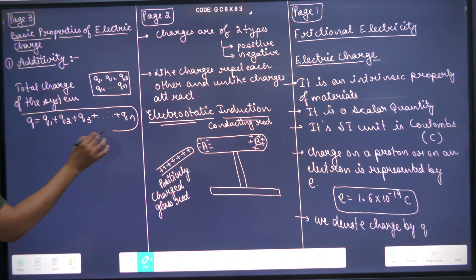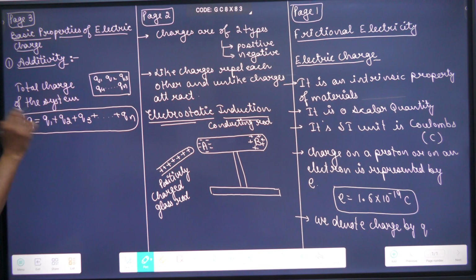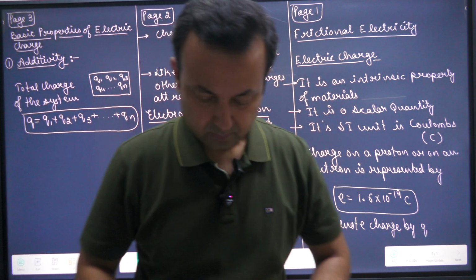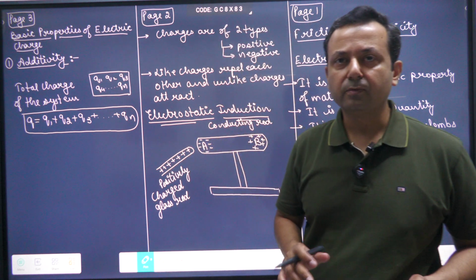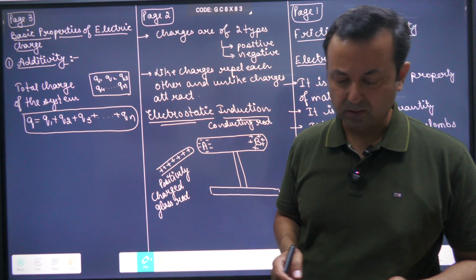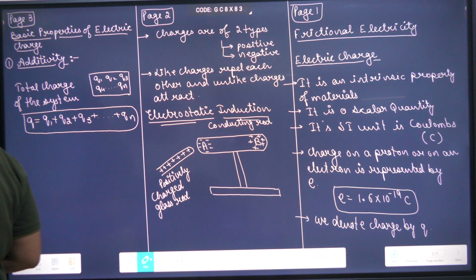The net charge or total charge is the algebraic sum. All right. Now let's move on to page number 4 of the notes. Second property of the charge is quantization of electric charge. First one is additivity. Second is quantization.